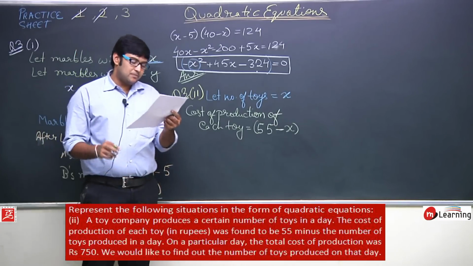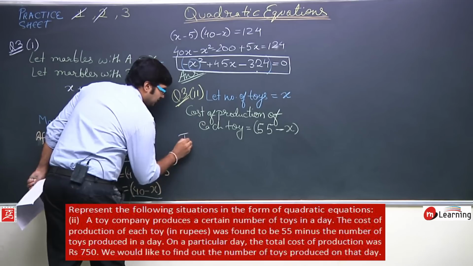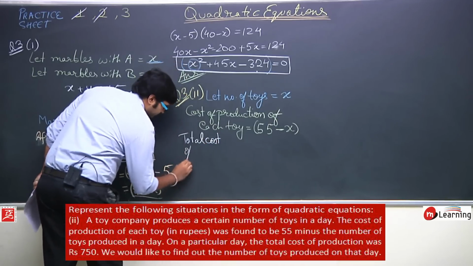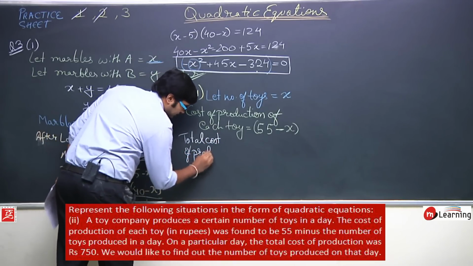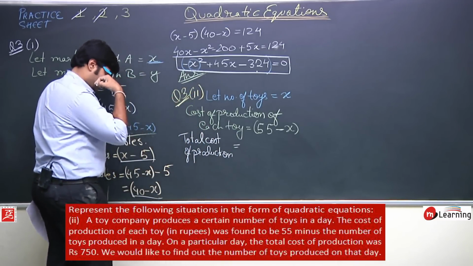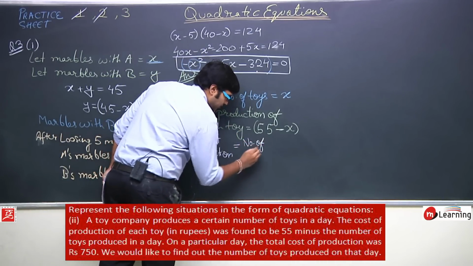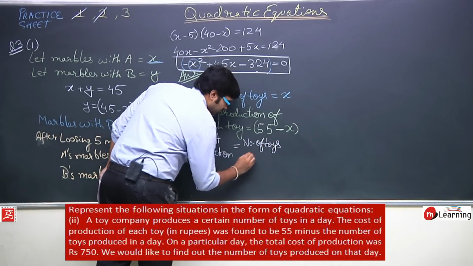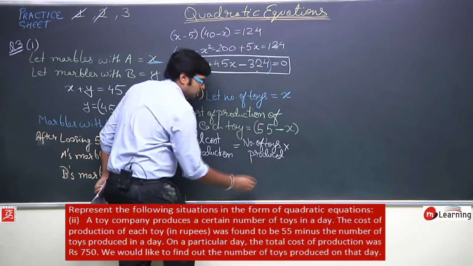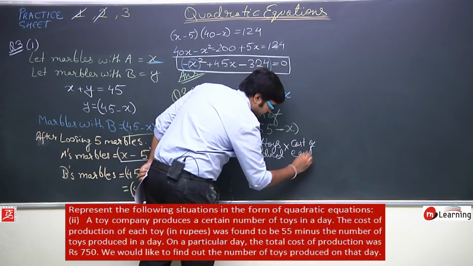Now on that day, what is the total cost of production? Total cost of production will be equal to number of toys produced into cost of each toy.